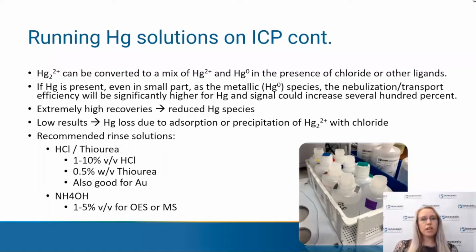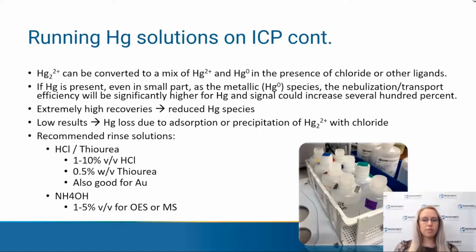On the other hand, if you're getting low results, a common issue is you had adsorption of the mercury species to your containers at some point. So whether that be the bottle itself or your pipette tips, whatever the case may be, if you do have nitric acid as your matrix, that mercury could have stuck to something along the way and caused loss of your analyte.